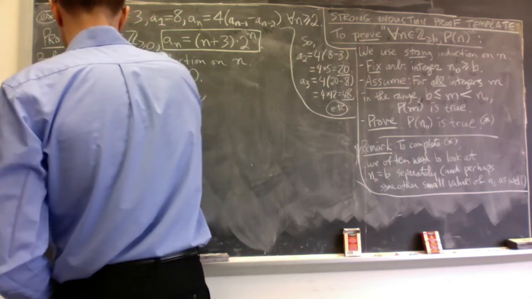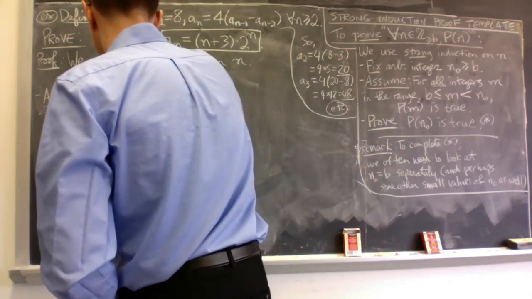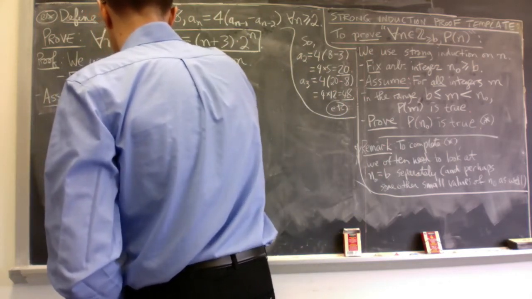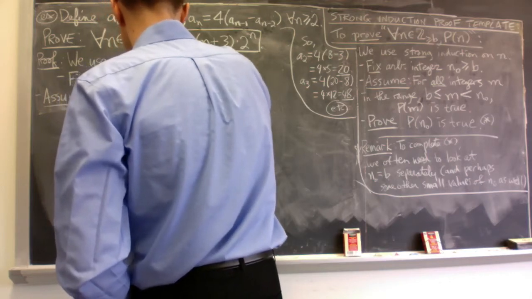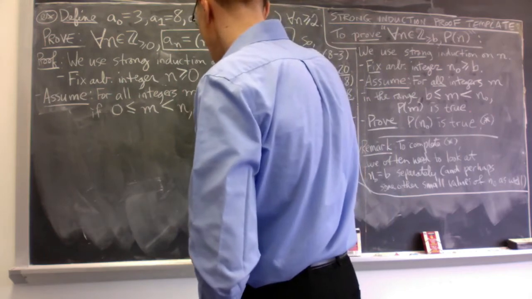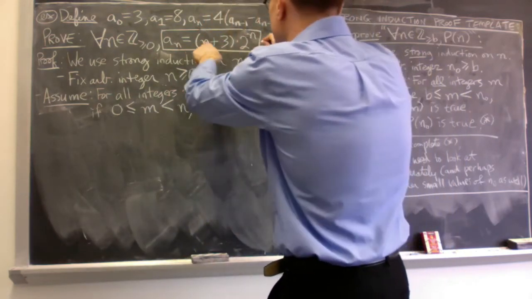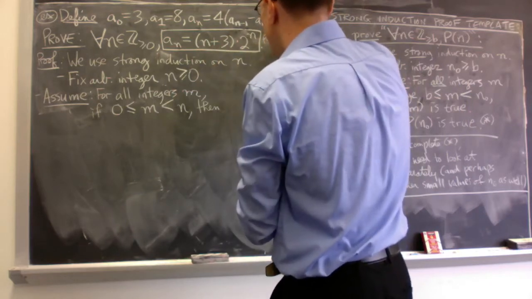And I'll even rephrase that as an if-then. I'll say if m is greater than or equal to 0, but less than n, this n I just fixed, then p of m is true. Now, what's p of m and p of n? P of n is this statement in the box here.